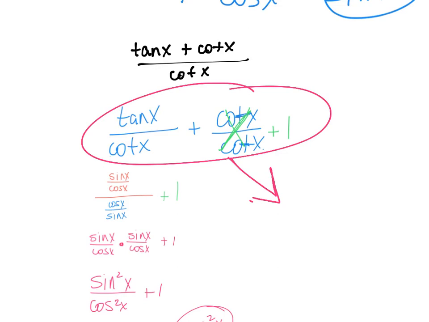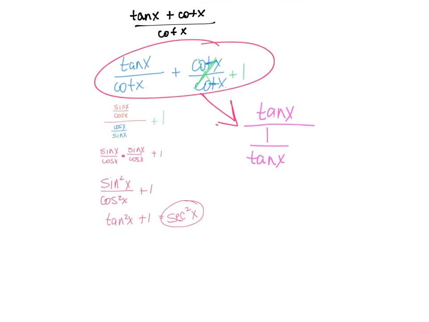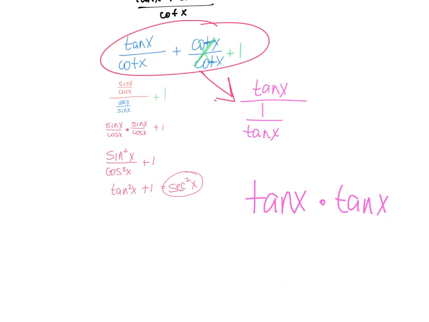Because tangent, you could do either way. You could have left tangent, and then changed cotangent into 1 over tangent, correct? So here, if I did keep change flip, I'd have tangent of x times tangent of x, which gives me tangent squared x right there. Is that shorter? Yes.